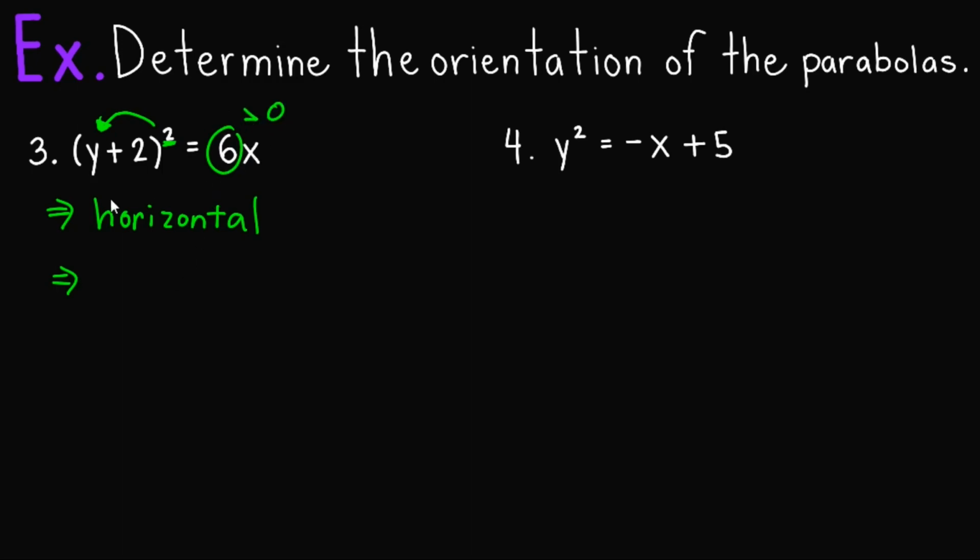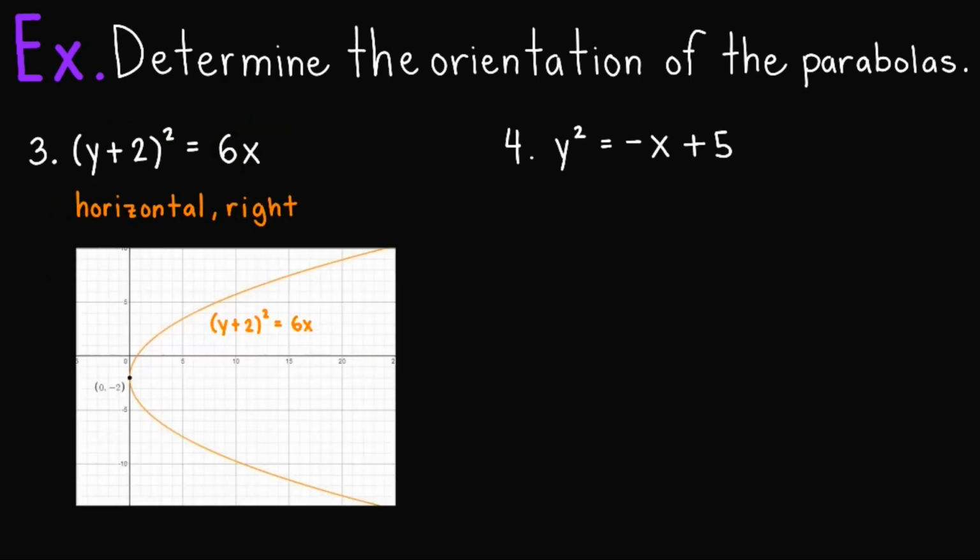This means that aside from it being horizontally oriented, it also opens to the right. So we have a parabola that is horizontal and opens to the right. Indeed, if we check out its graph, we can clearly see that this is a parabola that is horizontally oriented and opens to the right.